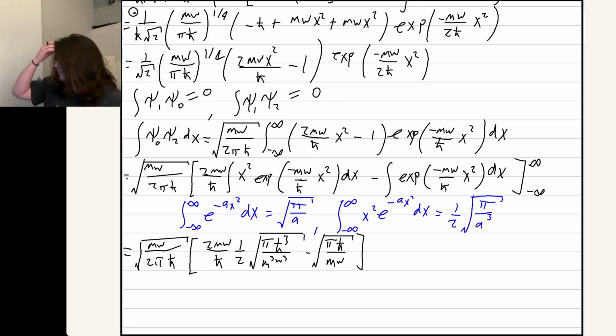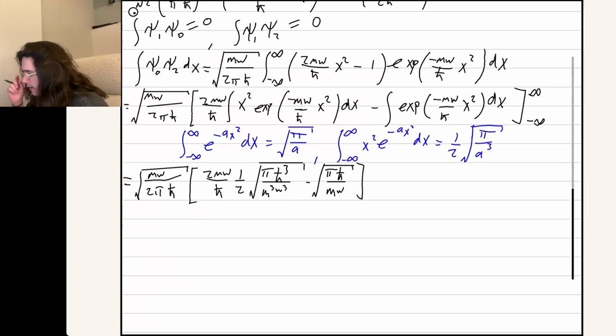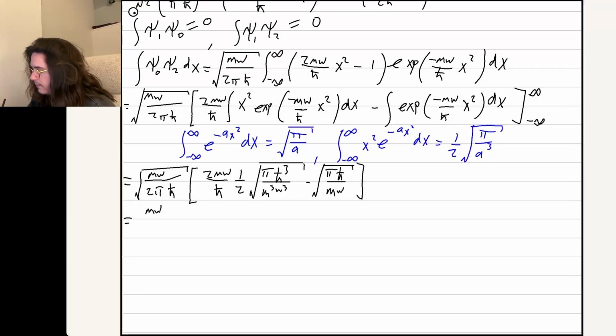I'm going to factor through the radical on the outside, so that we get just m omega, or actually I'll leave the root 2 out front. Okay, 2m omega over h bar, and this 2 cancels out this 2. You get pi cancellation, an h bar cancellation, and m omega cancellation.